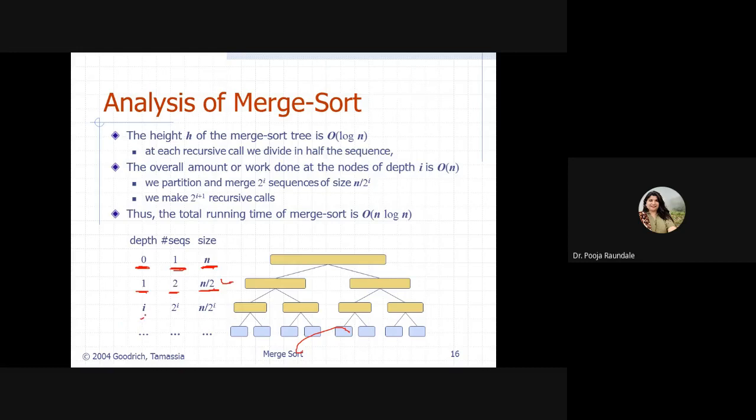So any general recursive call, 2 raised to i would be the sequences and n by 2 raised to i would be the size. Right? So n, then n by 2, then n by 4, then n by 8, and then n by 16, like that. So 2 raised to i would be the number of sequences, and n by 2 raised to i would be the size of sequence.